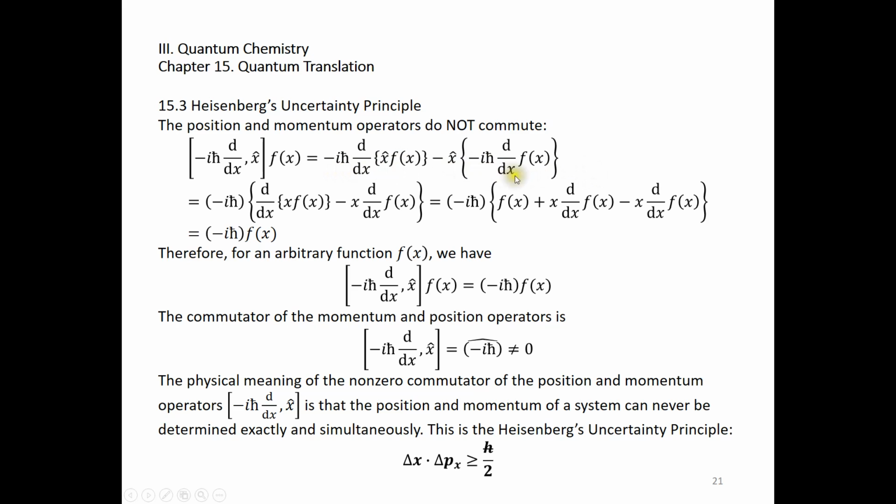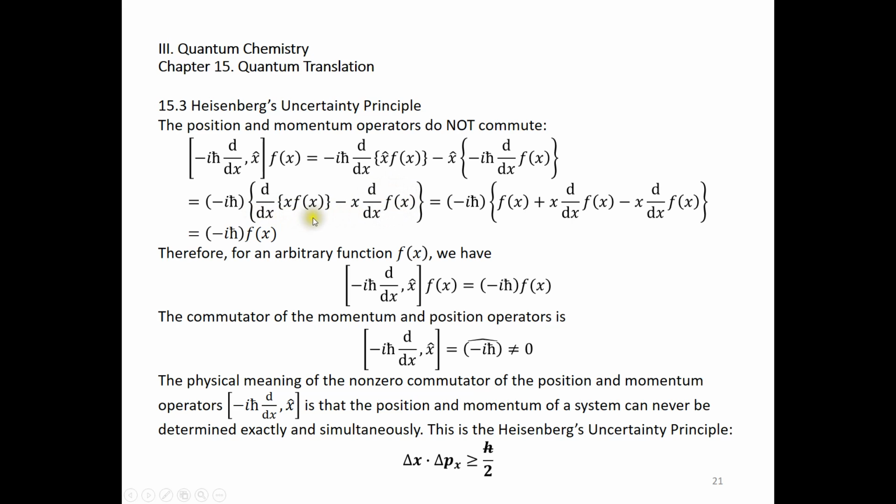On this side, we apply the momentum operator first, and then the position operator. So we have a common factor, negative i h bar. I take it here, and then we just need to evaluate d over dx of the product between x and f(x). And here it's just minus x multiplied by f prime, the first derivative of f.